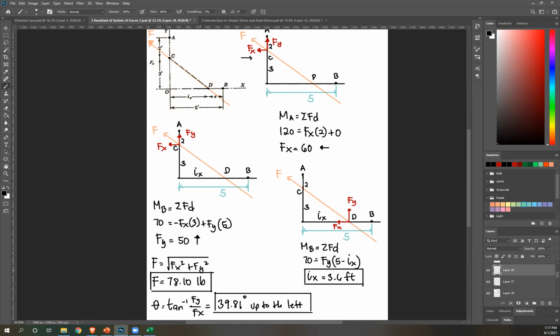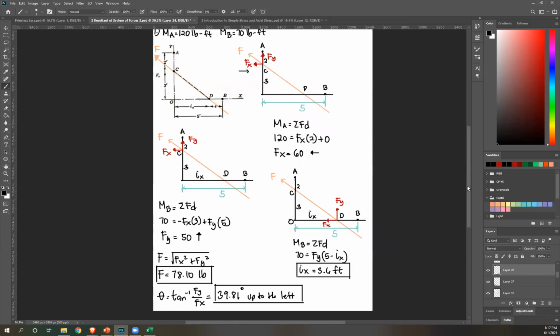Moment about O, taking your components here at point C, you'll be able to solve for moment about O. And then after knowing the answer to that, you can now move your component to point D so that you can solve for Ix. It's a longer solution, but you may do it as well. Okay? Any other questions in general?